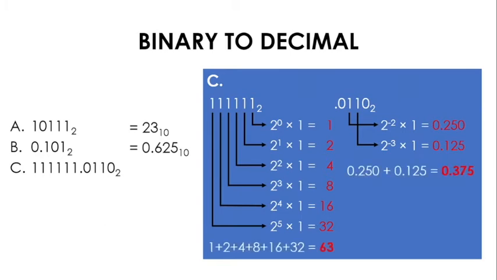So as you can see, for the whole number, we have 63, and for the fractional part, we have 0.375. So the decimal equivalent of binary 111111.011 is 63.375.